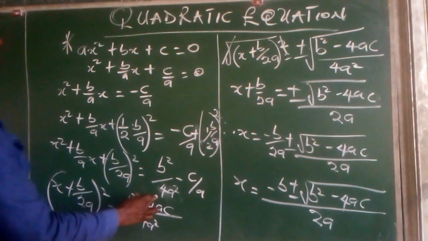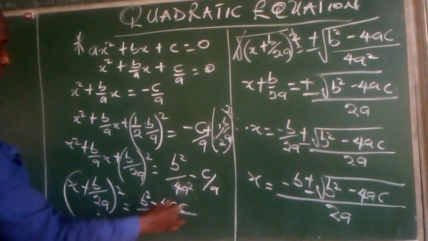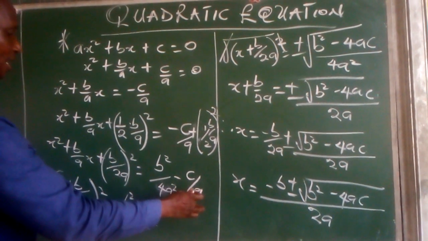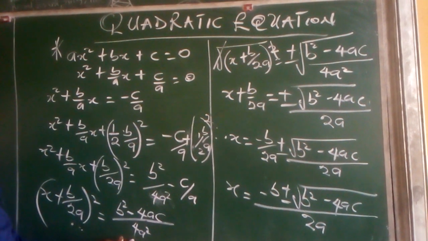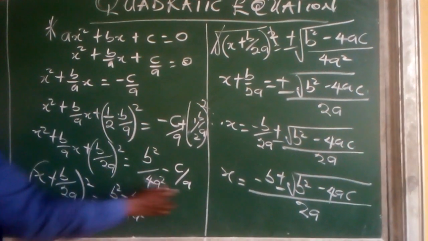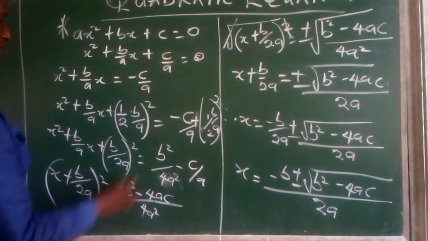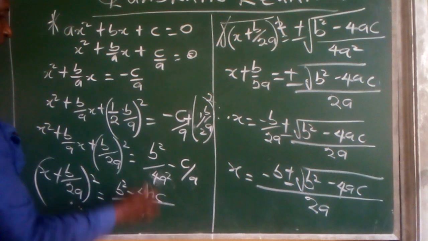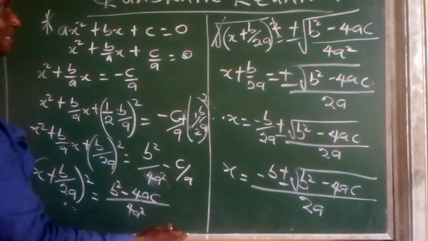So the LCM of 4a squared and a is 4a squared, because 4a squared is here and a is here. A can go into 4a squared, and 4a squared can go into 4a squared. So if the LCM is this, 4a squared into 4a squared gives you 1, multiplied by b squared gives you b squared. Now, a into 4a squared gives us 4a, multiplied by c gives us 4ac.